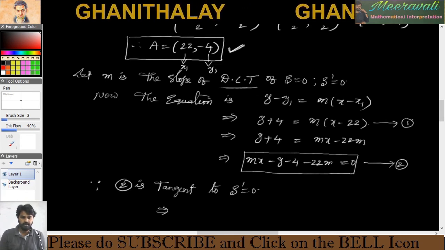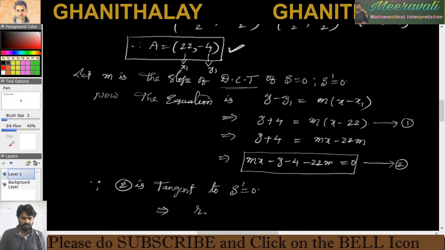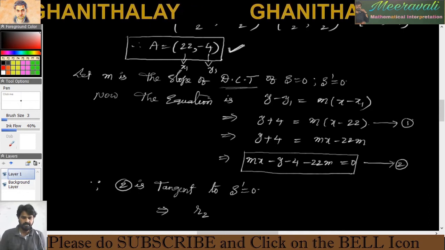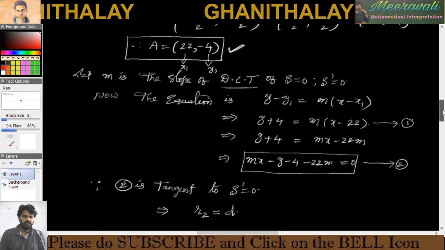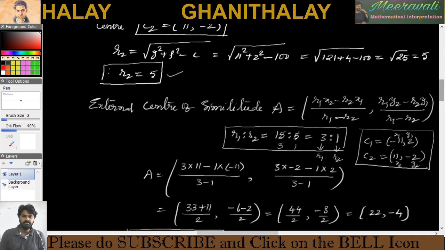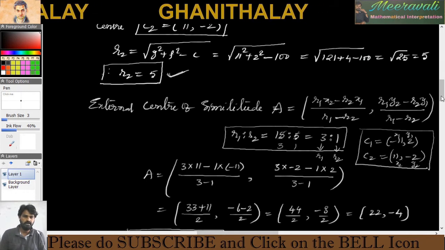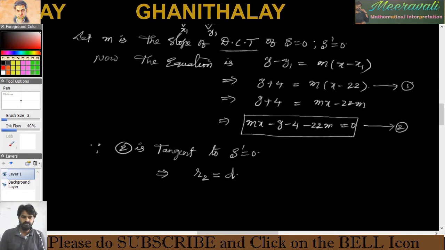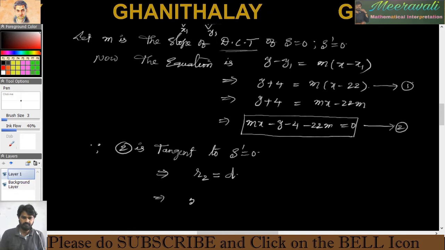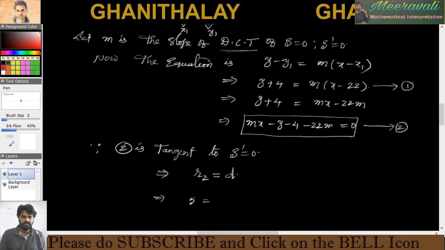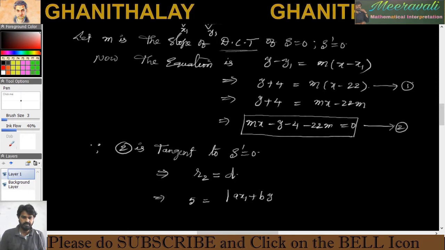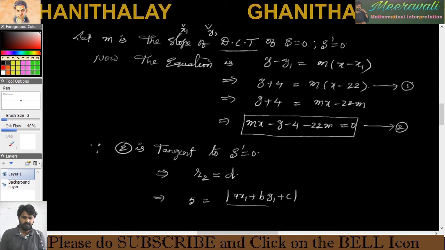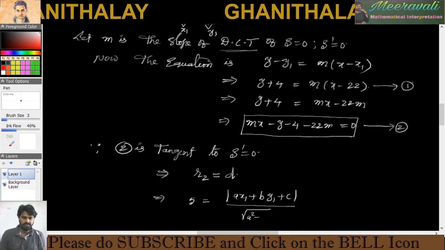Now the tangent property is radius r2 is d. If you use the second circle, you can take radius r2 is d. What is the r2 here? 5 is the r2. So now substitute r2 as 5. Now d is the formula, mod ax1 plus by1 plus c by square root of a square plus b square.